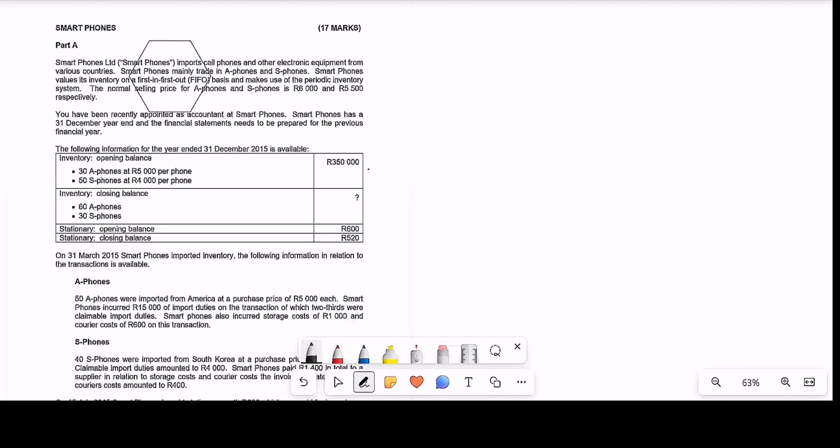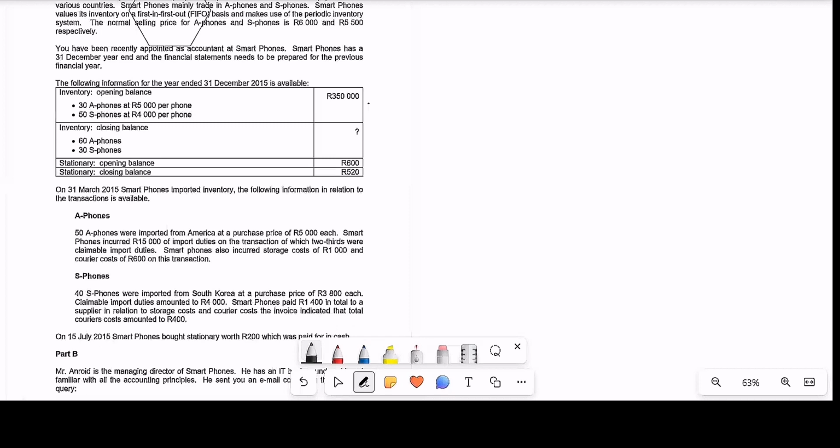Smartphones has a 31 December financial year end, and the financial statements need to be prepared for the previous financial year. So let's continue reading. It says the following information for the year ended 31 December 2015 is available. So basically, let's look at this inventory.